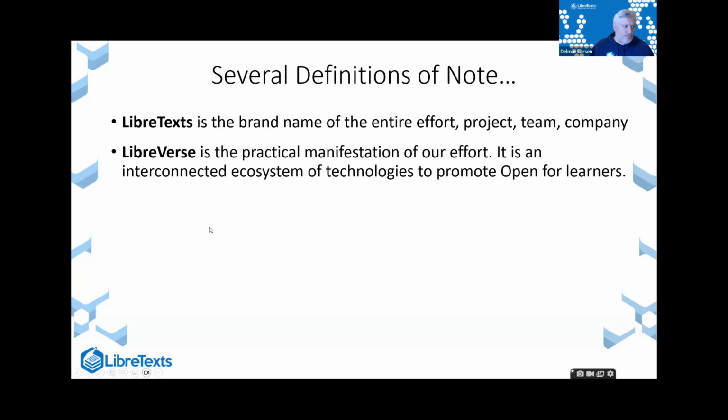The LibreVerse is the practical manifestation of our effort. That's essentially an interconnected ecosystem of technologies that promotes OER for the students. The LibreVerse has a range of different technologies that are part of it. Those technologies are oftentimes well suited for a specific niche, because we don't believe in pushing one technology far beyond its scope, because invariably that generates a fragile system.